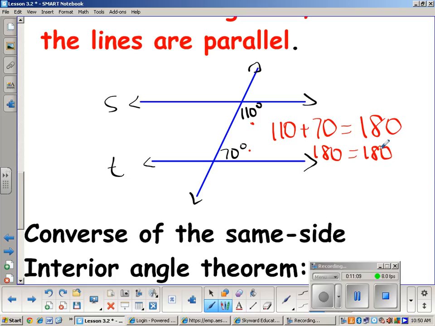So we now have three theorems that are backwards, or converses, of what we've been talking about to prove two lines are parallel.